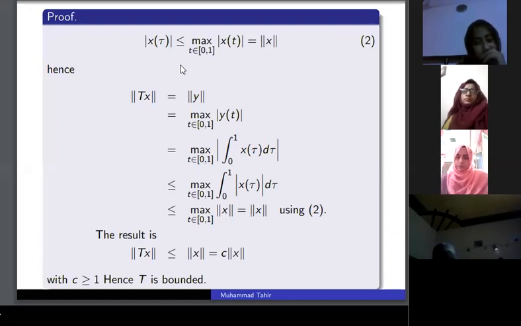One example is the differential operator, which is unbounded, and the second one is the integral operator, which is bounded. So we conclude that the integral operator is bounded, while the differential operator is unbounded. Both are important. So this shows the importance of both types of operators, bounded as well as unbounded linear operators.